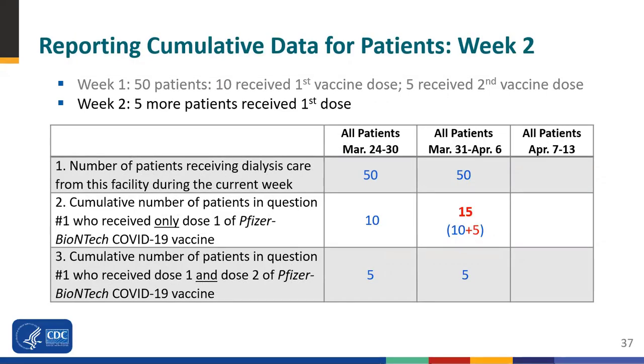During the second week of reporting, the same 50 patients are still receiving dialysis care through the facility, but now 5 more patients receive dose 1 of the Pfizer COVID-19 vaccine.